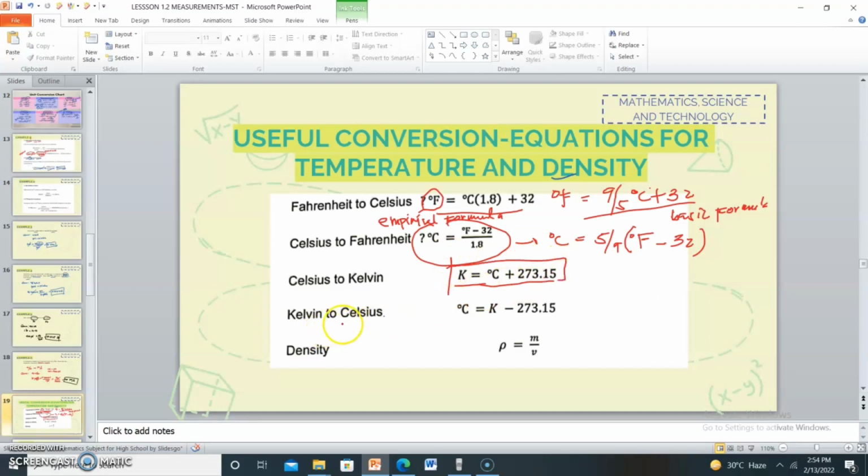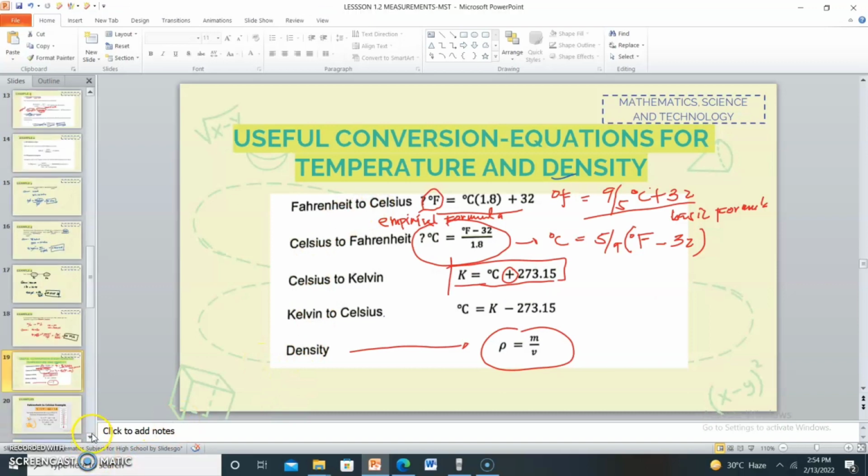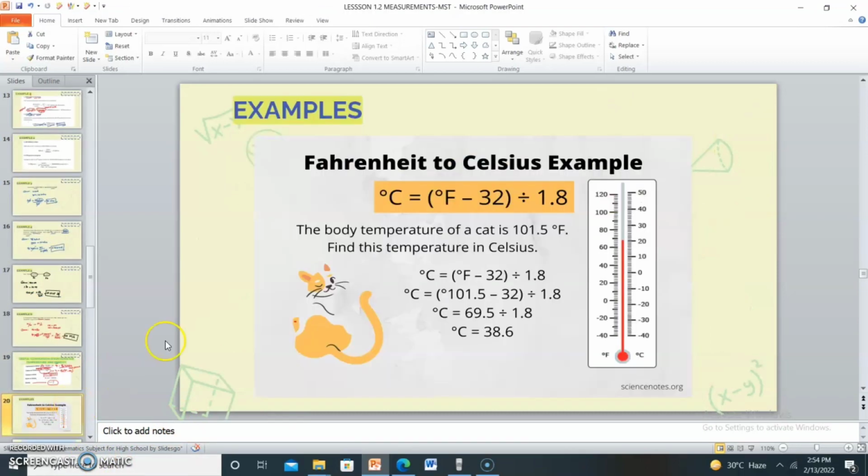And also Kelvin to Celsius, just transpose: degrees Celsius equals K, or Kelvin, minus 273.15. And the formula for density: density equals mass over volume. That is the other conversion equations in terms of temperature and density. Let's go to the example.